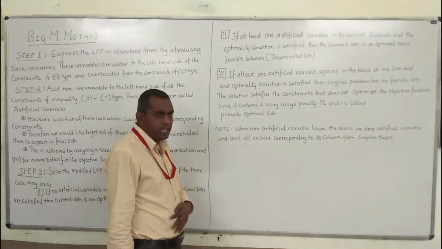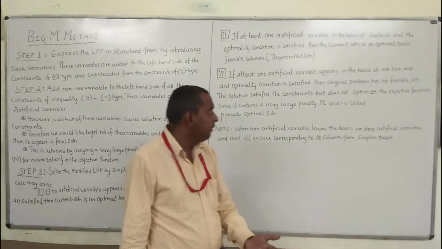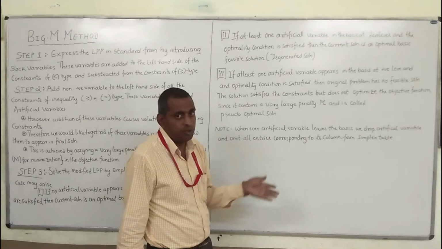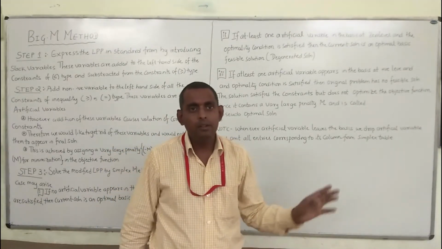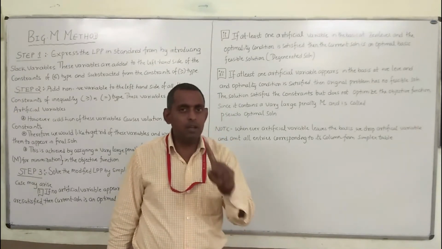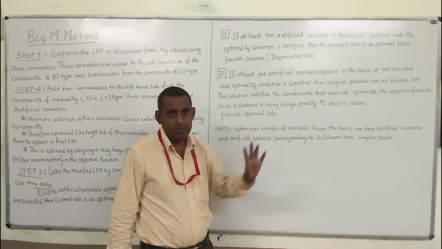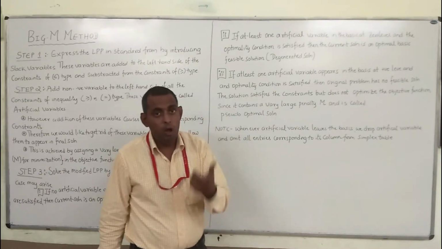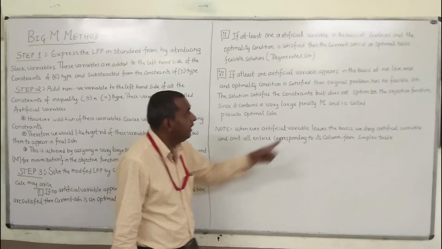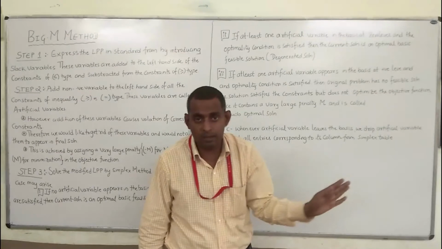Whereas in case 3, if at least one artificial variable appears in the basis at a positive level, and the optimality condition is satisfied, then the original problem has no feasible solution.